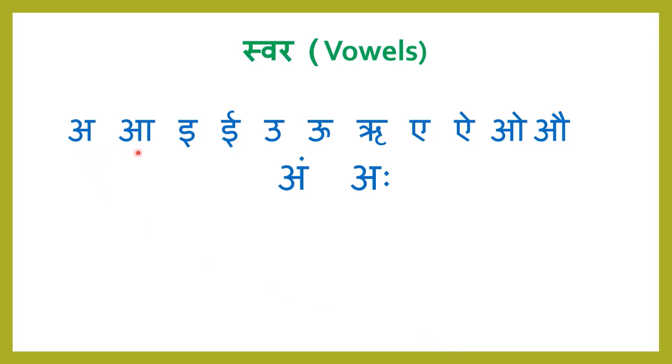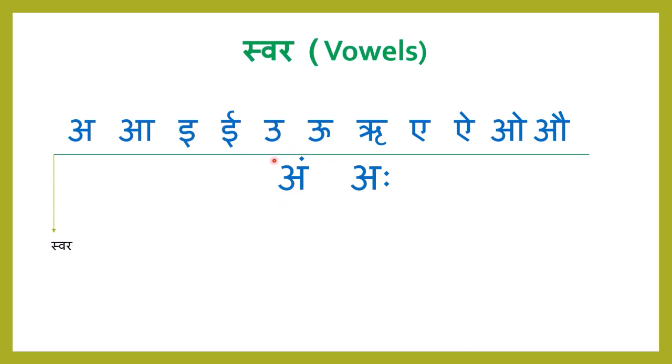A, Aa, I, Ee, U, Oo, Ri, E, Ai, O, Au. So the first line of 11 letters from A till Au, these are the swar, pure swar.